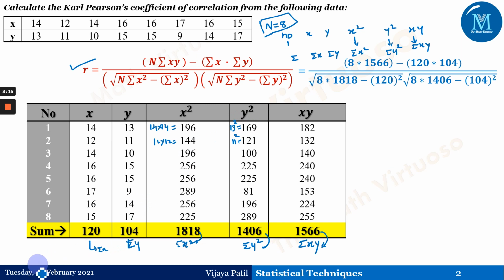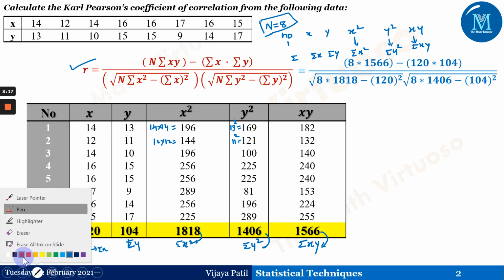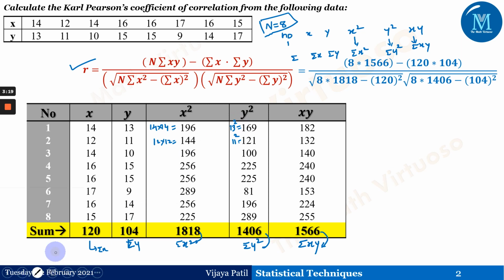Let me change the pen color so that it is easy for you to understand. So n is 8, summation of xy is 1566, minus summation of x, which is 120, into summation of y, which is 104, over n, again 8. Summation of x square is 1818, minus summation of x the whole square, 120 square, over n as 8.